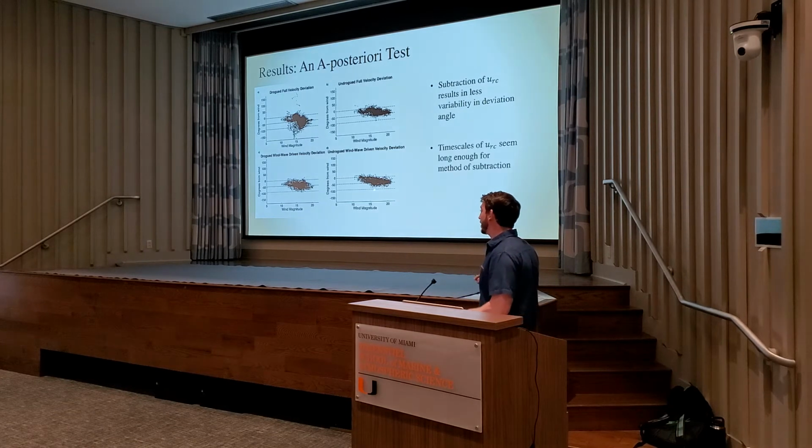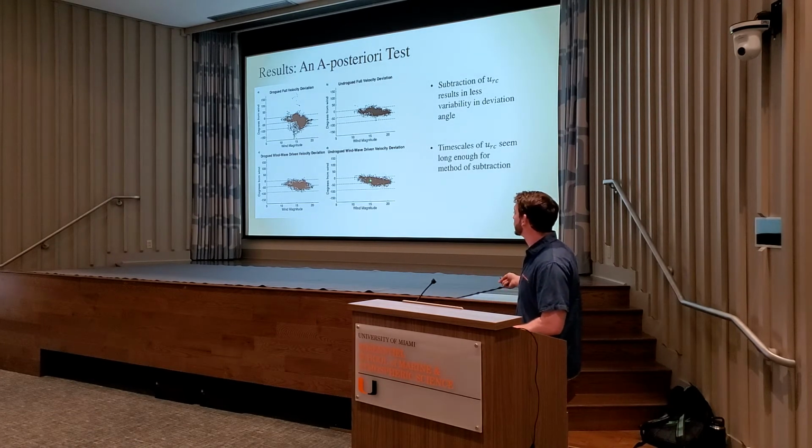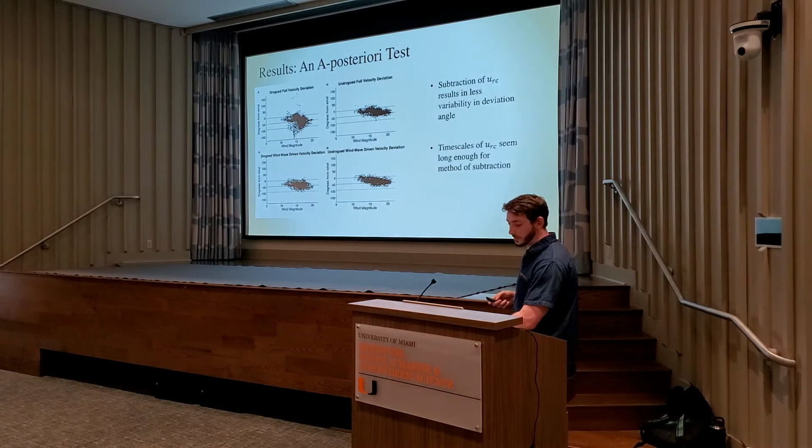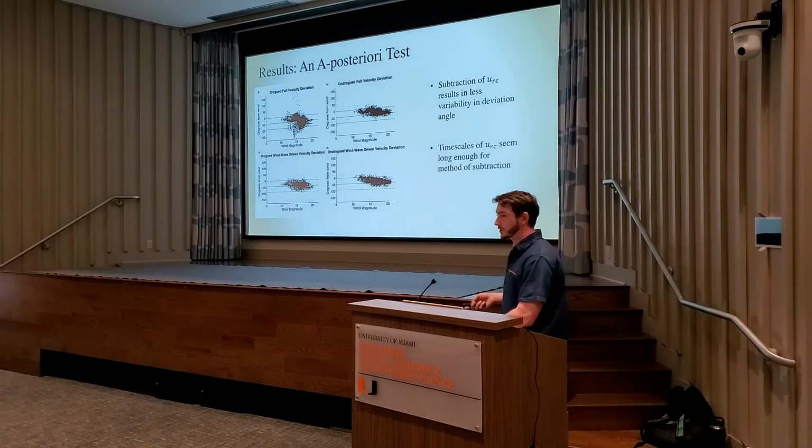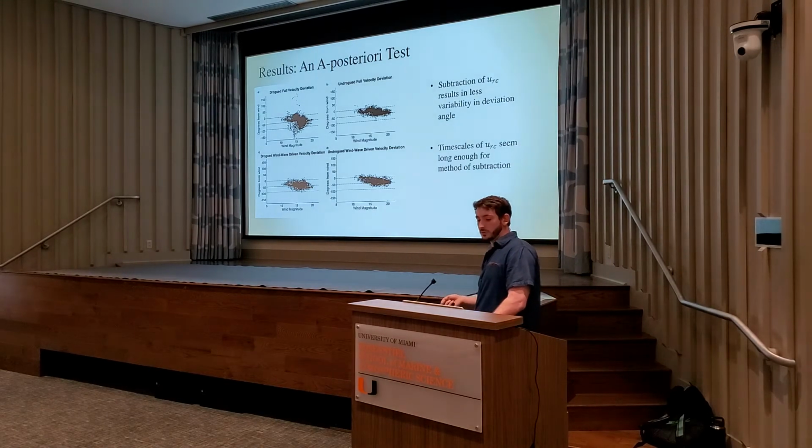You see less of a collapse in the cloud of the undrogued drifters, but the standard deviation of the deflection angle is collapsing as you go along from 10 to 20 meters per second in wind magnitude. So the timescales of the regional circulation seem long enough for our method of subtraction. So we're going to say our hypothesis checks out.